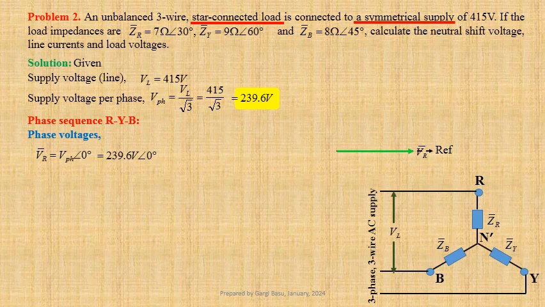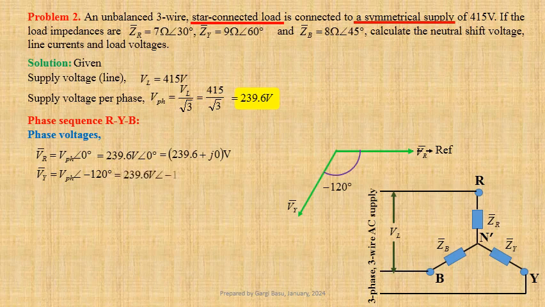In Cartesian form, this may be written as 239.6 plus j times 0 volt. VY equals V phase at an angle minus 120 degree, that is equal to 239.6 volt at an angle minus 120 degree.